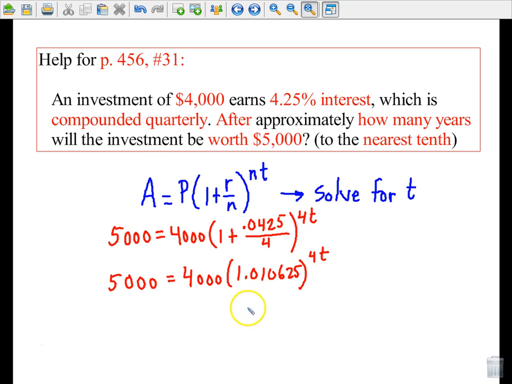Well, eventually we're going to create an exponential equation like we were working on previously. Just some number raised to a power that equals x. Okay? Or some number raised to a power equal to another number. And I'm close to having that here. I just have to undo multiplying by 4,000.